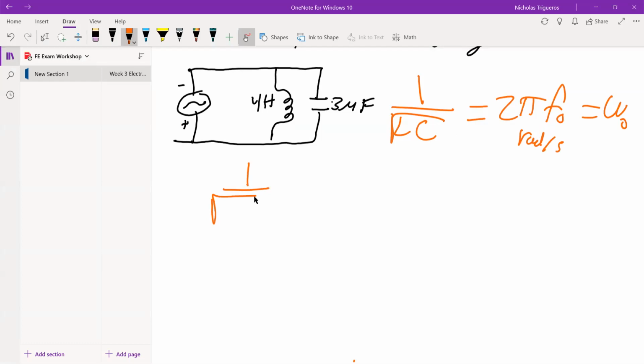1 divided by the square root. That's in micro, so it's going to be 4 times 3 times 10 to the negative 6, times 1 over 2 pi. Right, because we divide this 2 pi over. Assuming that this f0 is what we are looking for.